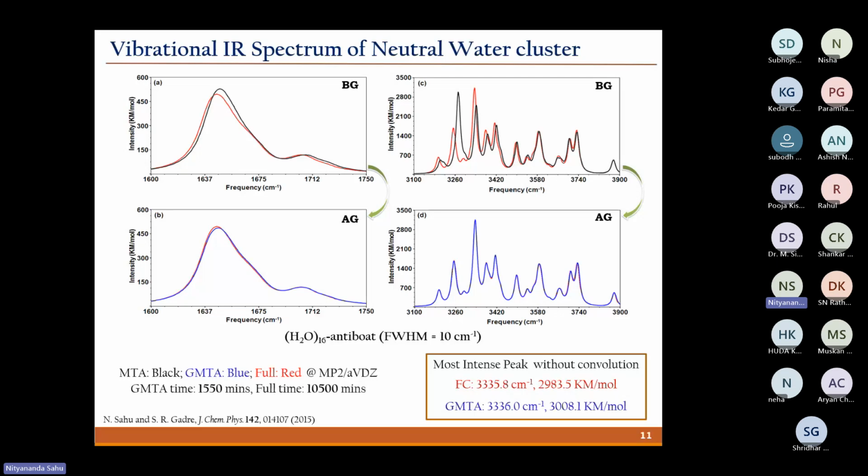But when you go to the bottom two figures, you see the blue, which is the spectrum we get after the grafting correction, and the red one is obviously the full calculation with which we are comparing. They match with each other. So this is how the grafting procedure enables you to get a very good IR spectrum, which is almost indistinguishable from your full conventional calculations.